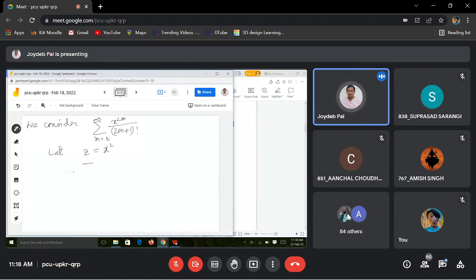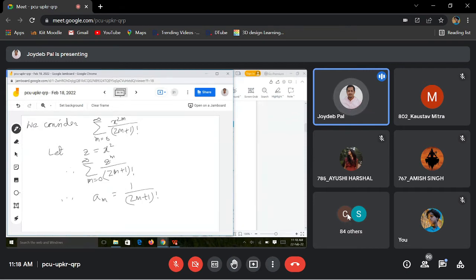Therefore, the series will be z to the power m by 2m plus 1 factorial. Therefore, what is a_m? a_m is 1 by 2m plus 1 factorial, right? Is it understandable, does anyone have a doubt? Yes, sir.